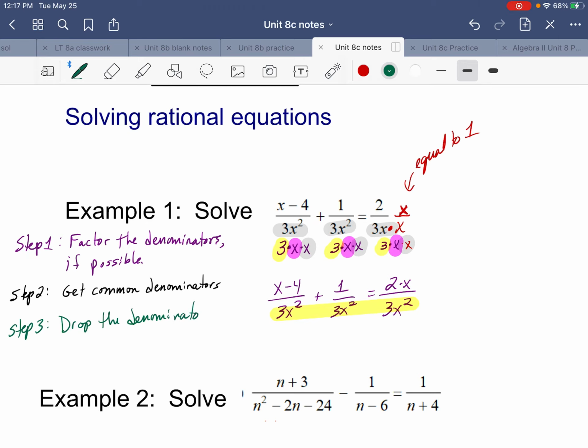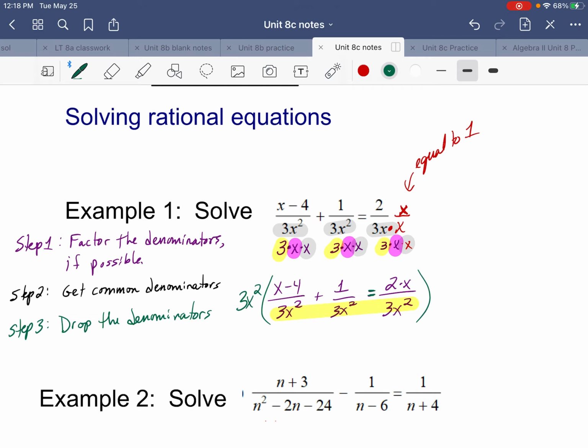You can't just mathematically drop them; there actually is math behind this. I'll show this one time. Since all of our denominators are exactly the same, we can multiply every term. With equations, you either multiply every term by something, and that keeps the equation balanced, or you multiply one of the terms by something that's equal to 1.